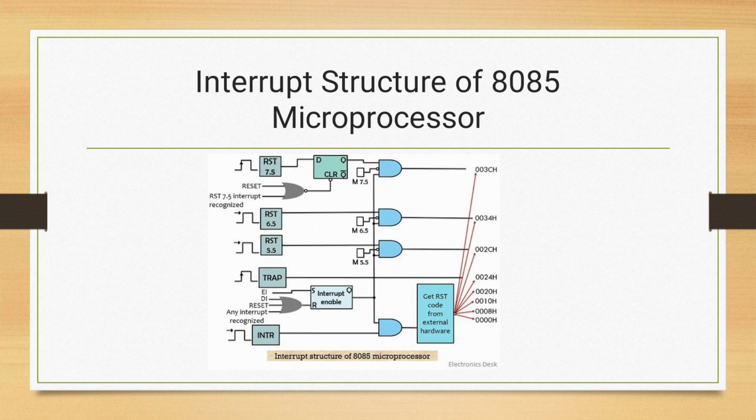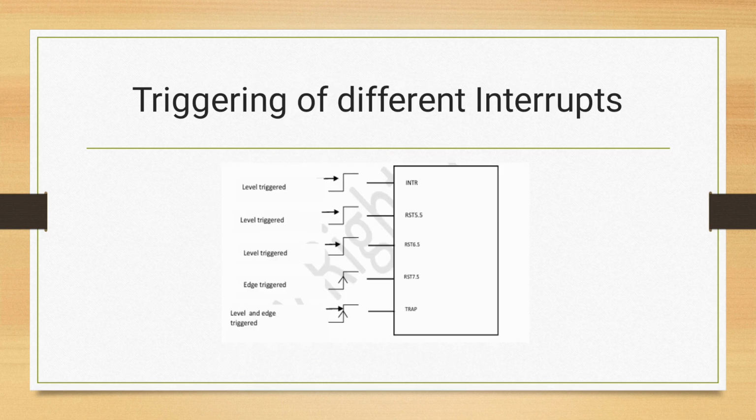In this slide, we have discussed the triggering of different interrupts. If we carefully observe this diagram, you can see that INTR is level triggered, and RST 5.5 and RST 6.5 are also level triggered, but RST 7.5 is edge triggered.